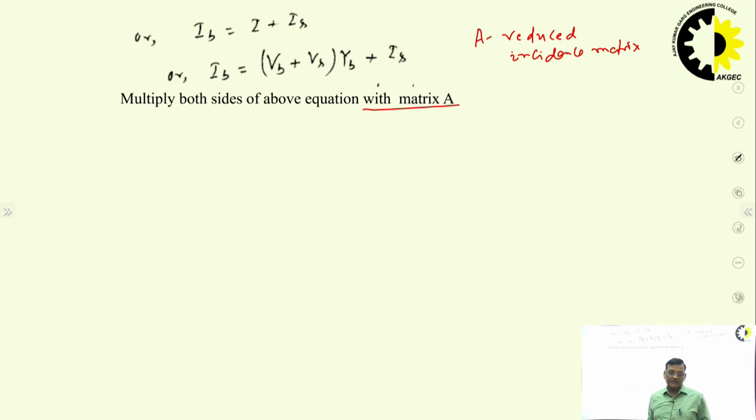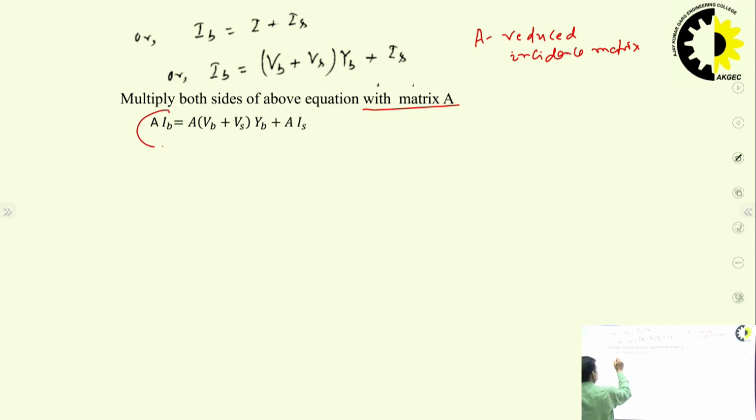Draw the oriented graph, write the complete incidence matrix and eliminate the last row of the matrix. The last row corresponds to the reference node of the network. Multiplying both sides, this term is nothing but Kirchhoff's current law. KCL states that the algebraic sum of the currents meeting at a node is 0.